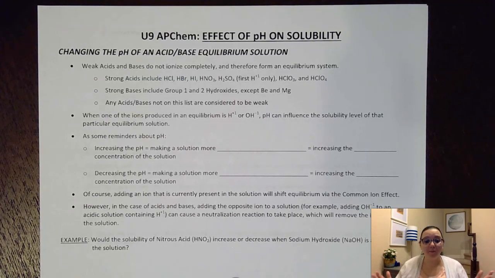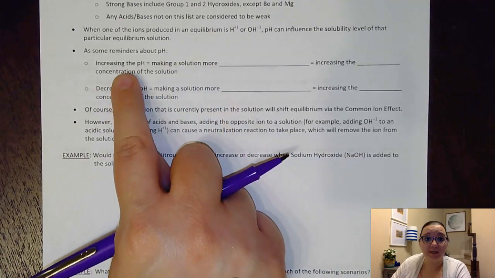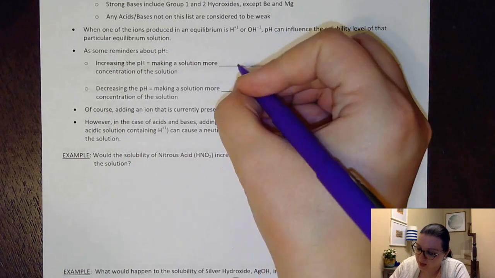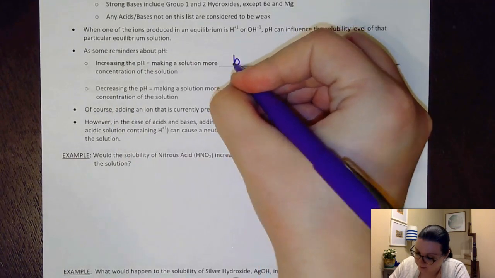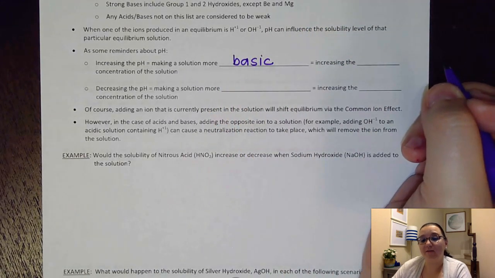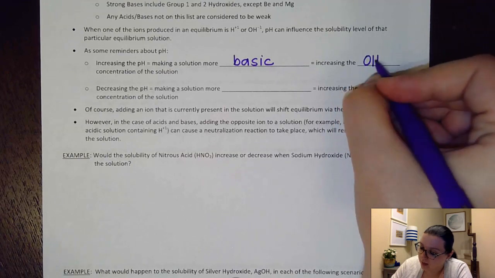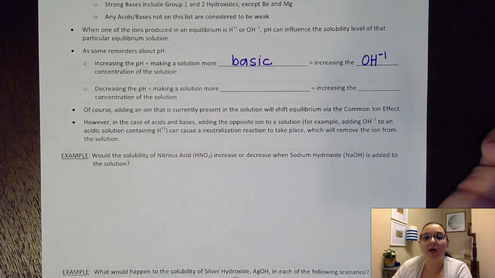To remind ourselves of the tie between all those statements, we need to review a little bit about pH. Increasing the pH is the same thing as making a solution more basic. As a reminder, a base has a pH somewhere between 7 and 14, which is the same thing as increasing the hydroxide ion concentration of that solution.